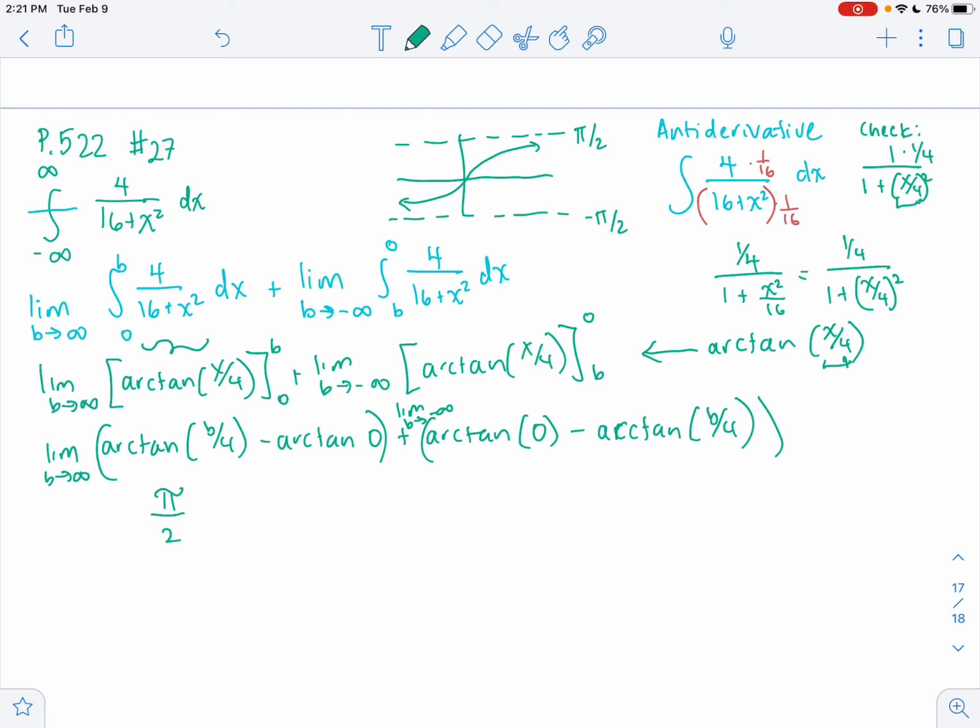So pi over 2 here, arctangent of 0 is 0, and we can see that it passes through the origin. And then we've got 0 again here, and finally the limit as b approaches negative infinity over 4, which is just negative infinity, is negative pi over 2, and we have this minus sign here, so minus negative pi over 2, which gives us pi over 2 plus pi over 2, and magic, just pi.